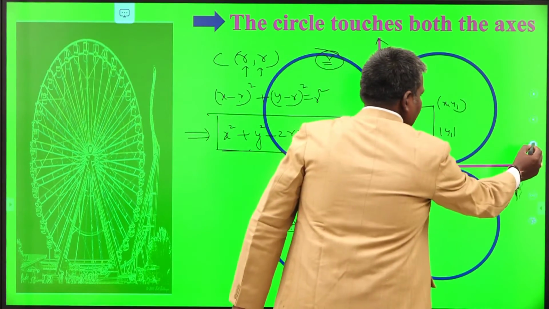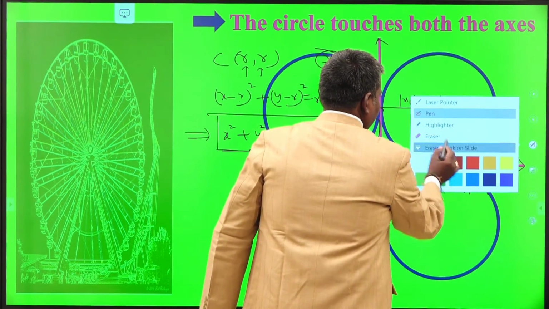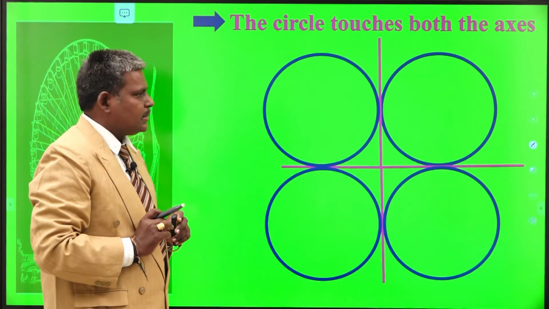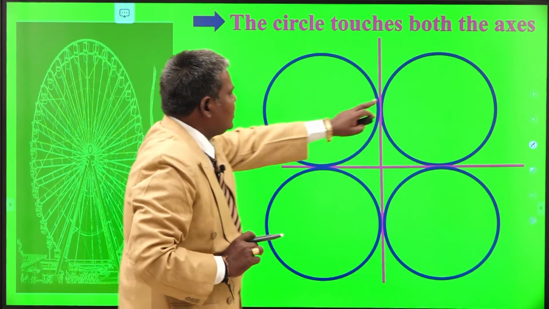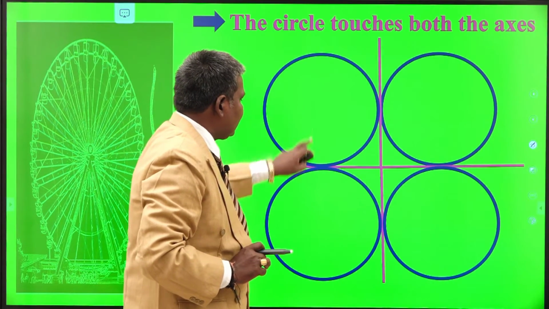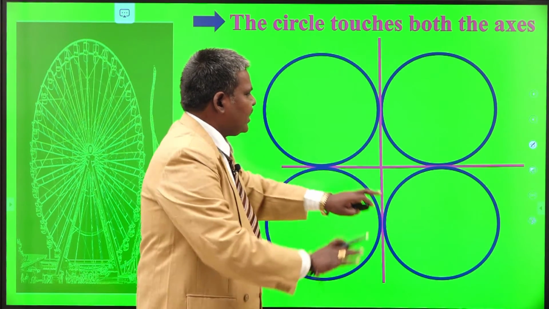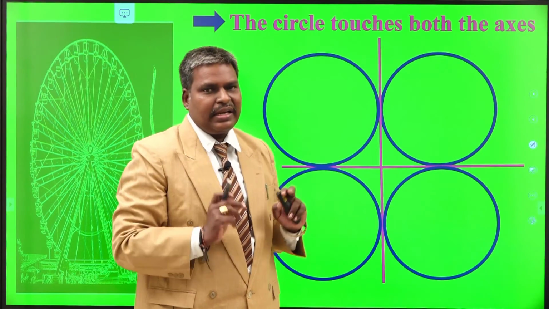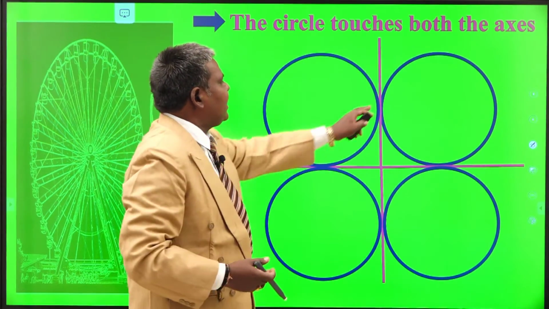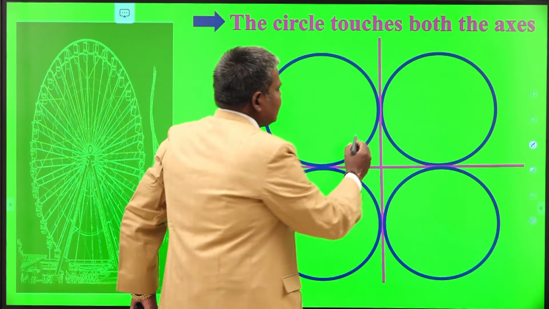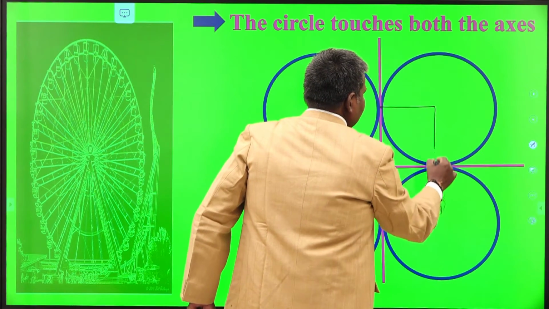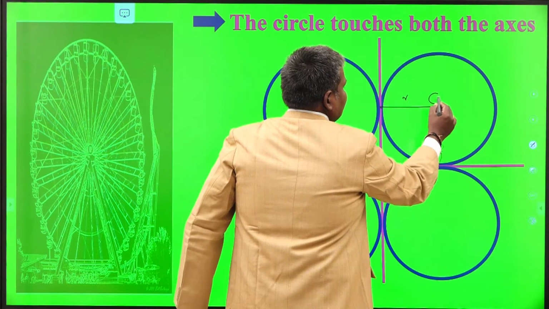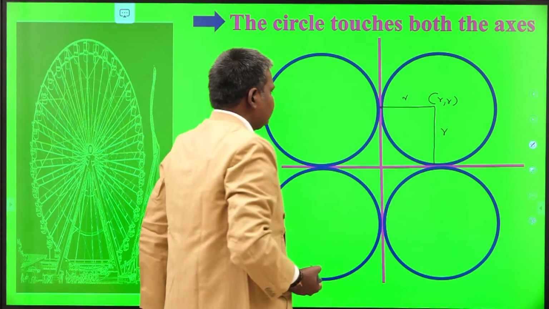See here, I will explain once again. These are the 4 possible cases. Okay, this is in the first quadrant, second quadrant, third quadrant, fourth quadrant. All these 4 circles have same radius, but their centers vary depending upon the quadrant. Your radius is same. This is r units, r units. If it is in the first quadrant, center is what? r comma r.